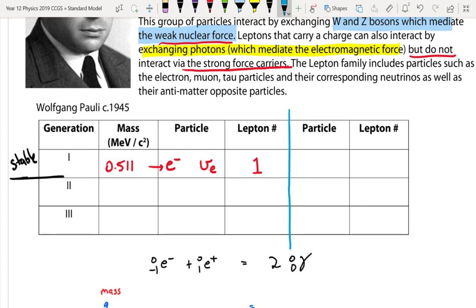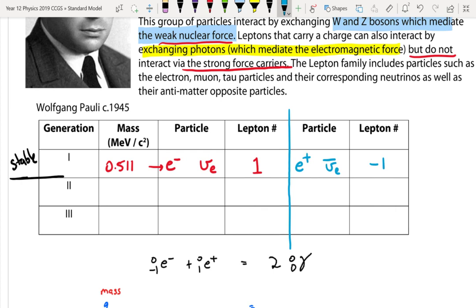What would that mean in the real world? Maybe the negative answer is the opposite of matter. Maybe it is antimatter. And sure enough, your antiparticle is the positron. Now the positron's little buddy is the anti-electron neutrino, and they have lepton numbers of -1.